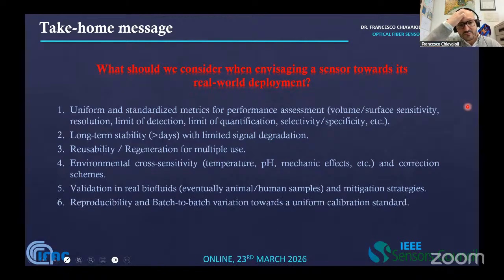At the end, another parameter that should be taken into account is the reproducibility and the batch-to-batch variation, which makes the translation to the market easier and also allows a uniform calibration and standardization of the process.